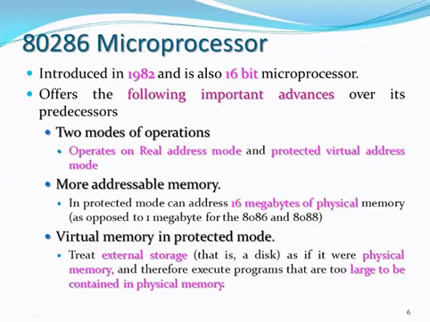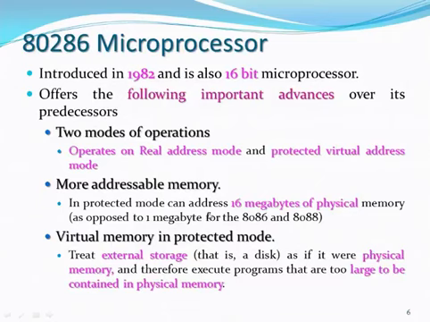So more addressable memory. Look here, 2 modes of operation. Instructions can be executed in 2 different ways, with the real address mode and also with the protected virtual address mode. More addressable memory also comes with the 80286, and in protected mode it is more addressable memory. What does it mean? They are giving some hints here to understand the concept.